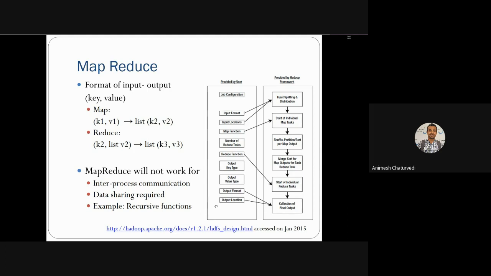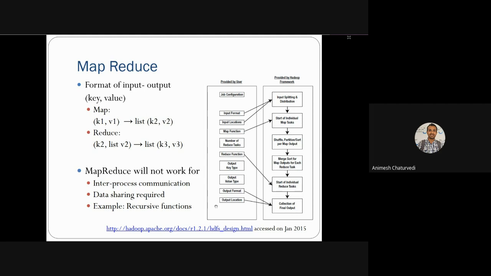So map reduce basically has input and output both in terms of key and value. The map has key one and value one, which are listed as key two and value two.